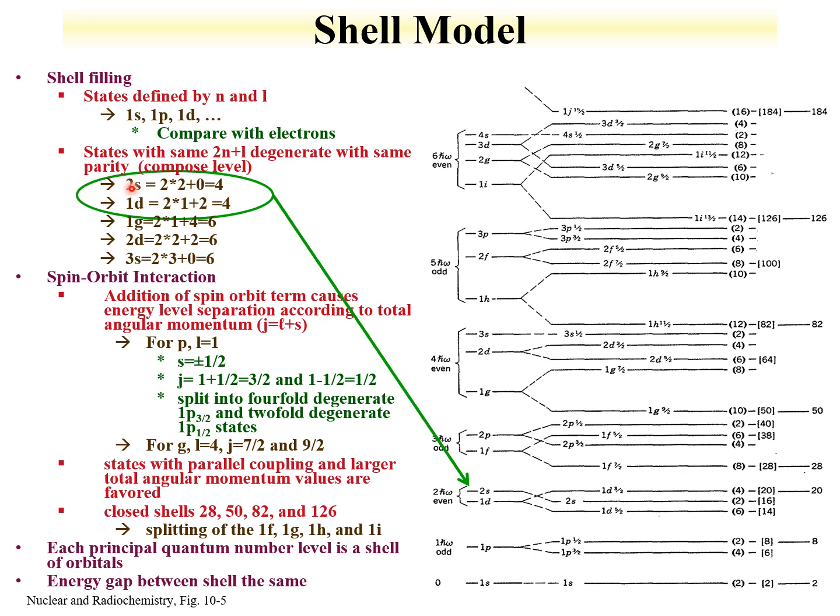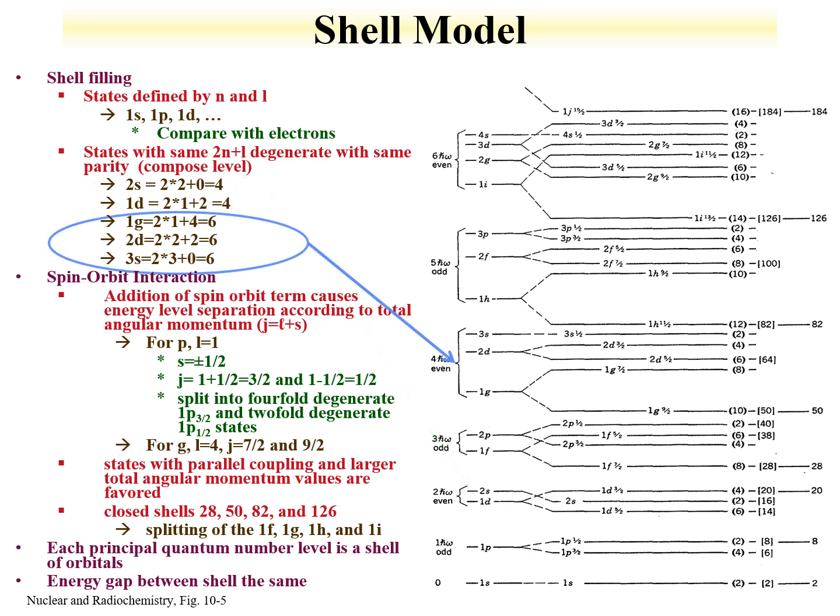Because the n number is 2, the l number is 0 from s. For a 1d state, the n is 1, the l is 2, where s, p, d, right? So 0, 1, 2, the d is 2. So that's 2 times 1 plus 2, which is equal to 4. Those two states are degenerate.